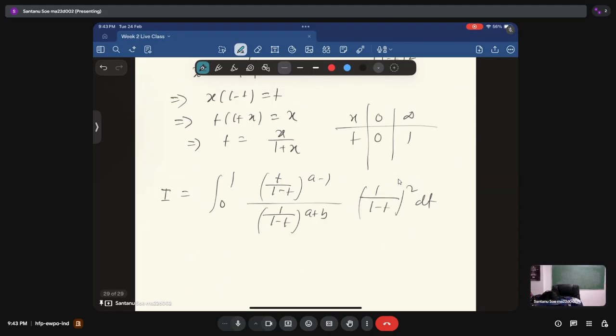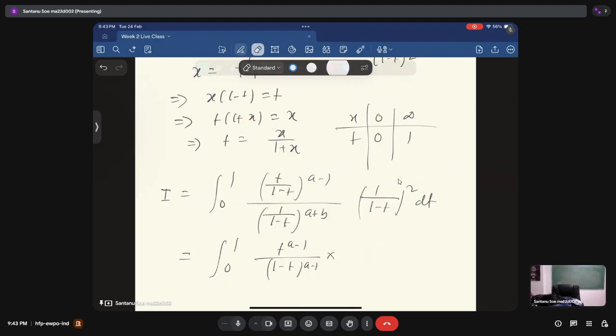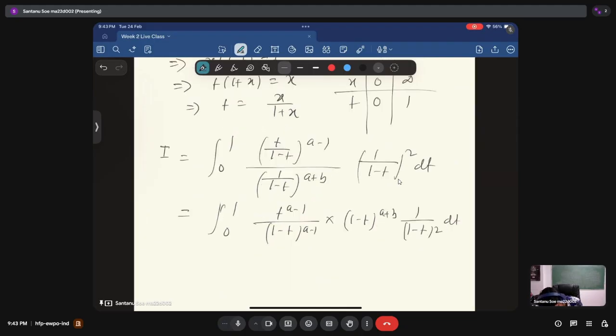And dx is 1 by 1 minus t square dt, correct? So this is integration 0 to 1 t to the power a minus 1 divided by 1 minus t to the power a minus 1 into 1 minus t to the power a plus b into 1 by 1 minus t square dt.